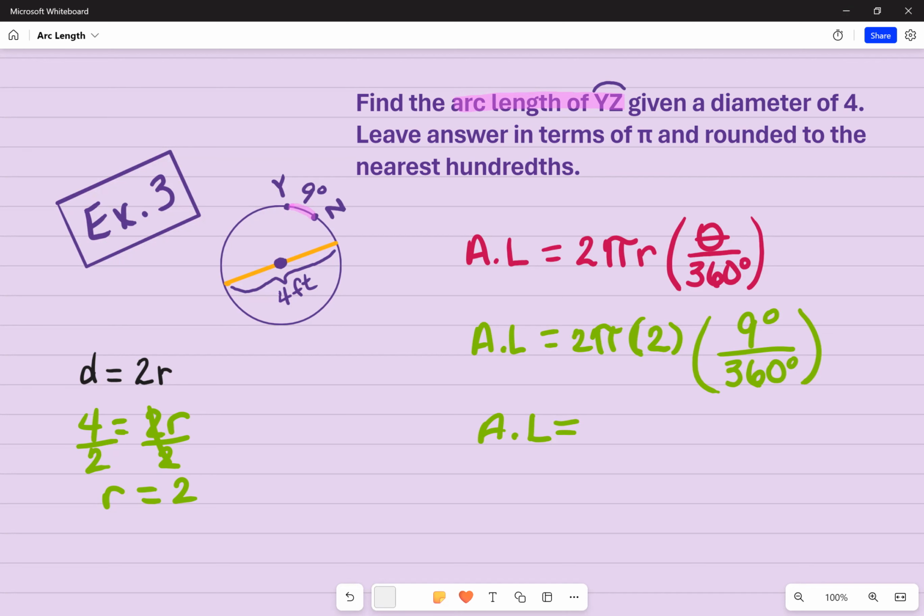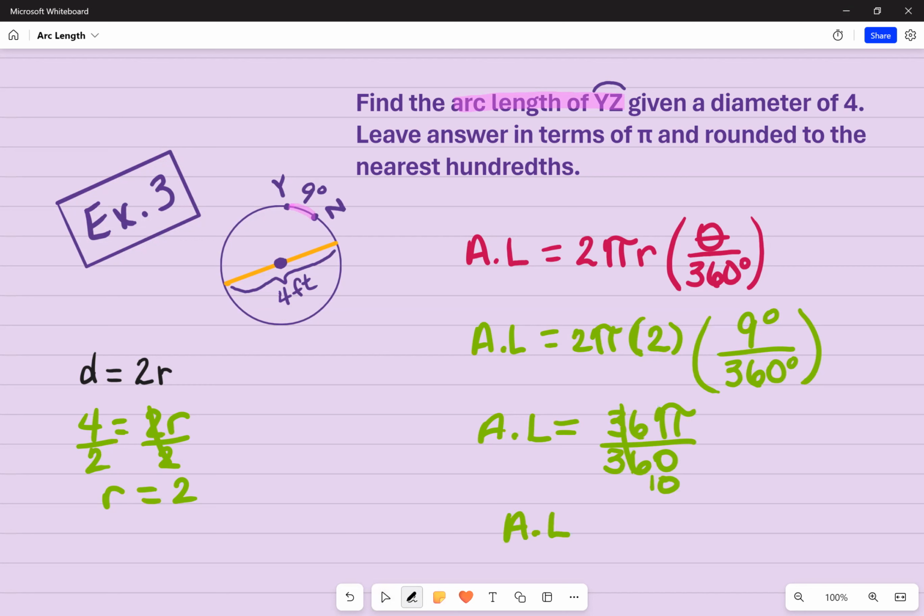So 2 times 2 times 9 is going to give me 36. And then I go ahead and put my pi symbol all over 360 degrees. And I know that my 36 and 36 are going to go away, which is going to leave me with a 10 at the bottom in the denominator.